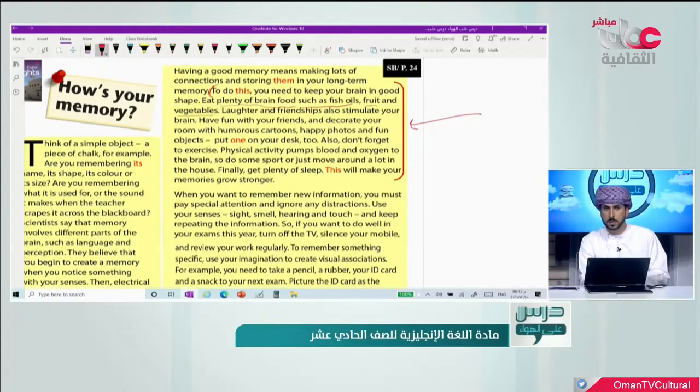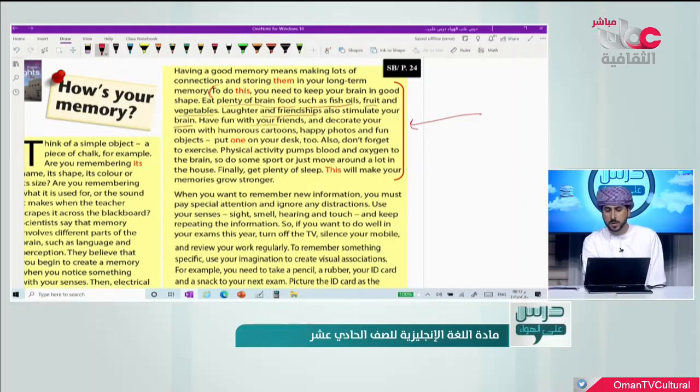Okay, so this is called brain food. This food is very important and beneficial and very healthy for your brain. So if you eat fish oils, if you eat more fruit, if you eat vegetables, your memory will be good. Laughter and friendships also stimulate your brain.